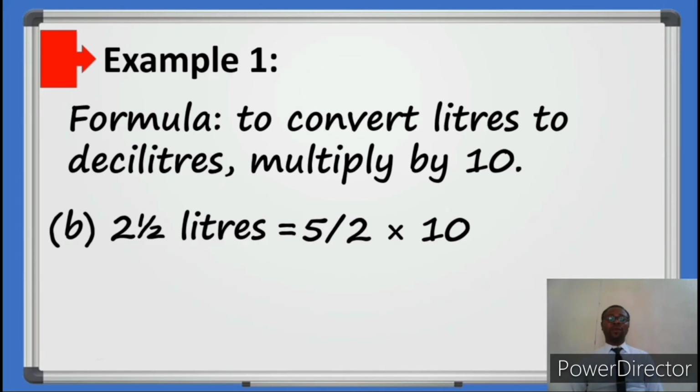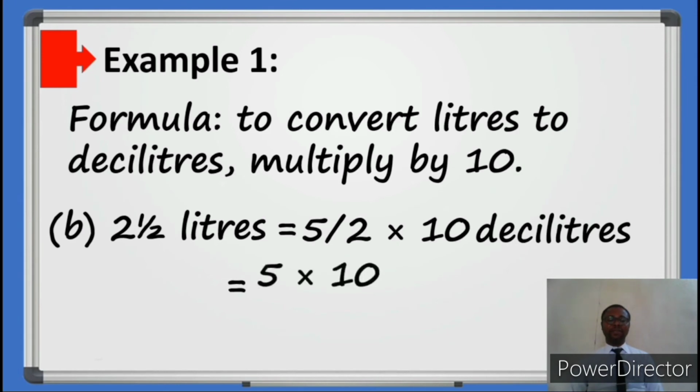Then how do we solve this? 5/2 times 10 deciliters. Okay, so what we're going to do is this. We simply multiply the 5 by the 10. So we have 5 times 10, then divide by 2. Now if you observe, 2 can divide 10.